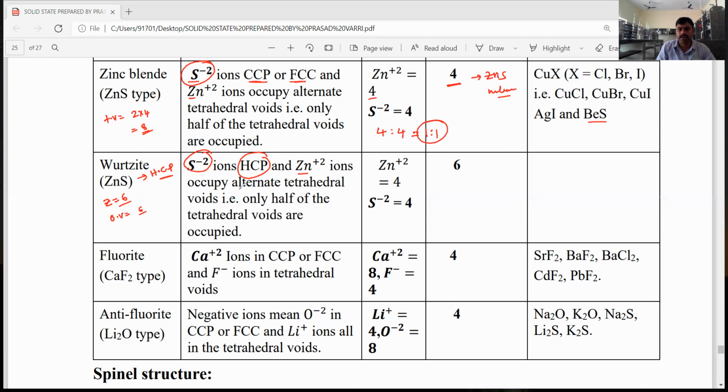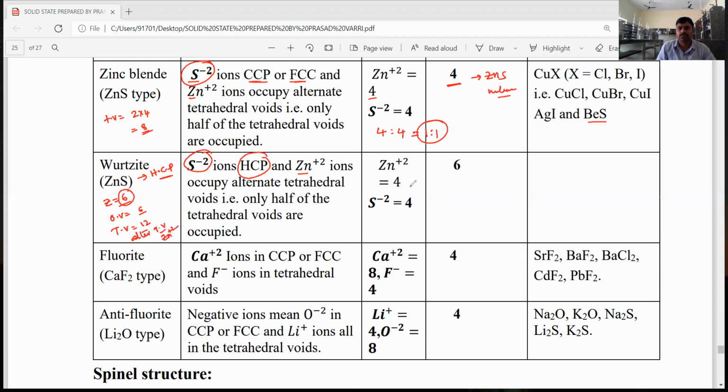The Zn2+ ions alternately occupy tetrahedral voids, only half of the tetrahedral voids are occupied, and 12 tetrahedral voids are present. Here Z is equal to 6 means 6 Zn2+ ions are present, occupying alternate tetrahedral voids.